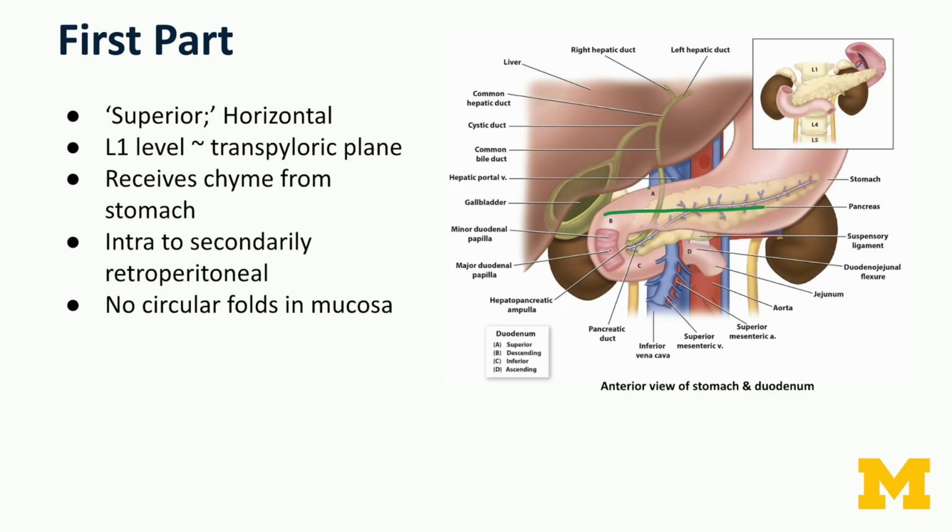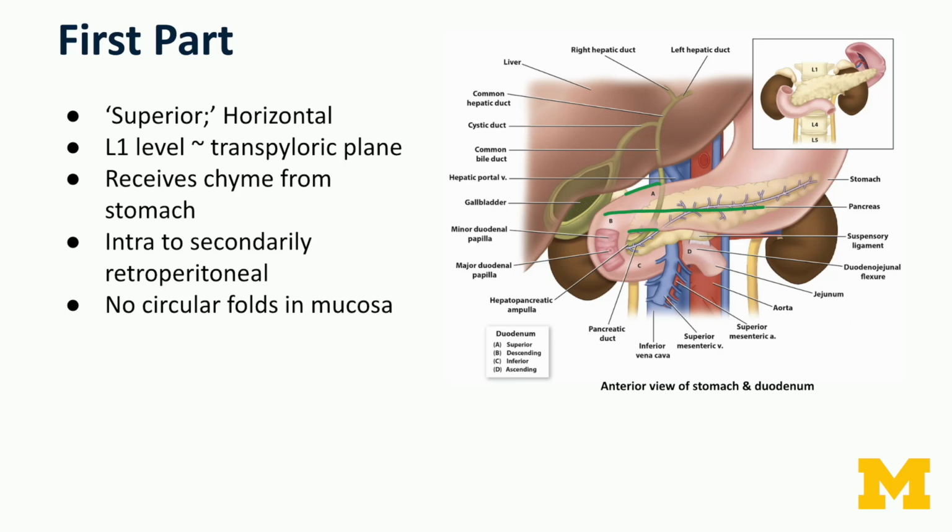What's interesting about this part is that it is a transition from intraperitoneal to secondarily retroperitoneal. So it is going to be behind the peritoneum, because the duodenum fuses to the posterior body wall.